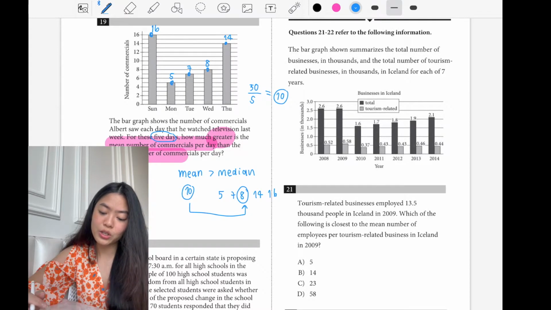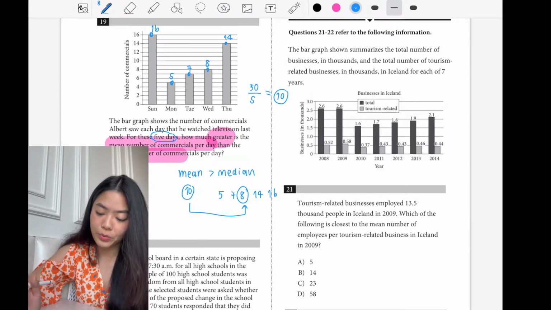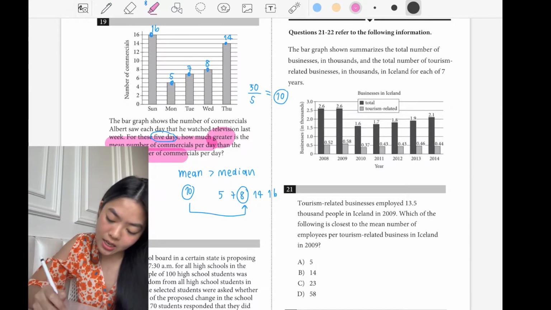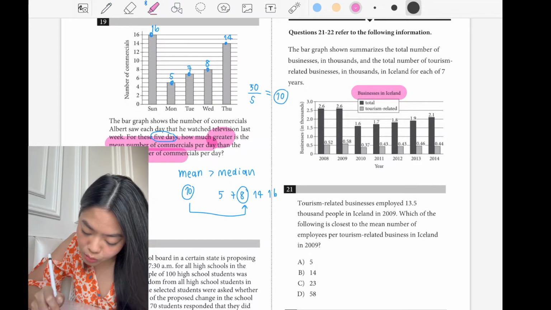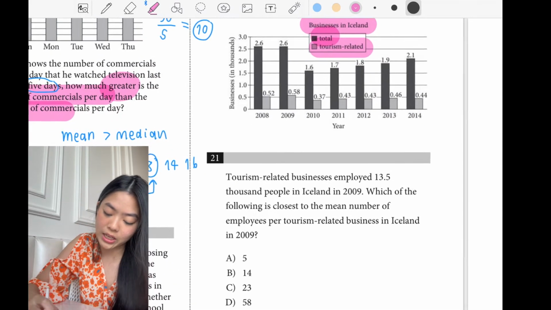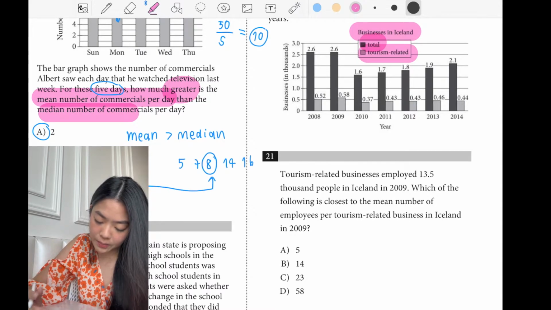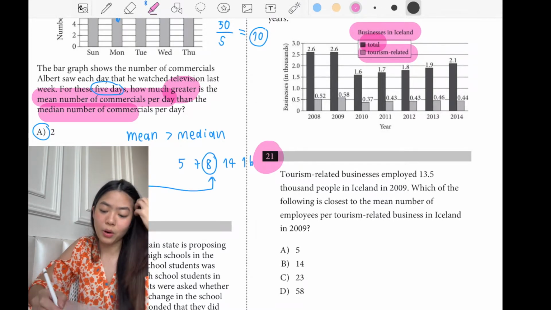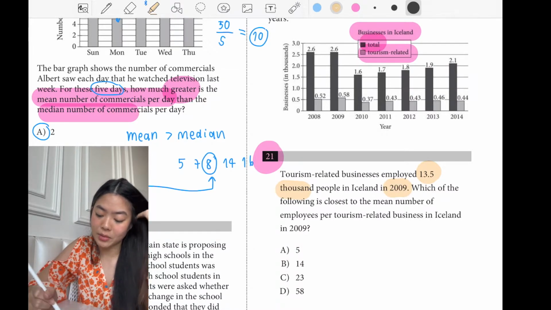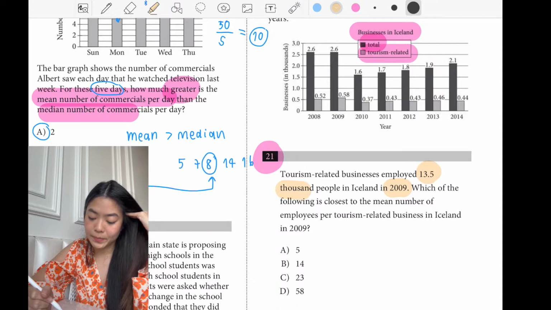Okay, next one. Questions 21 and 22 refer to the following information. We're going to scan the information: schools, businesses in Ireland, total, tourism related. For 21, tourism related businesses employed 13.5 thousand people in Ireland in 2009.